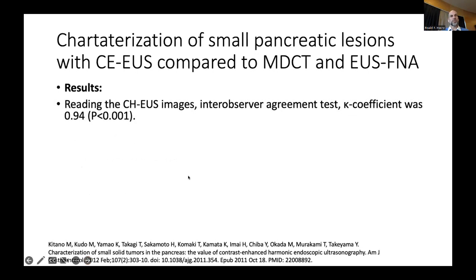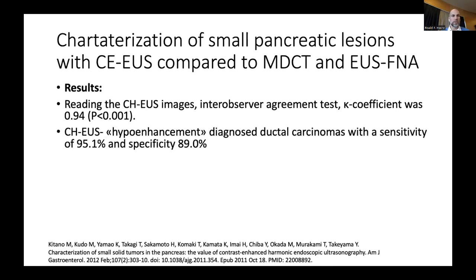And in the results, they found a very high inter-observer agreement. They had a kappa coefficient of 0.94 for reading these images between observers.